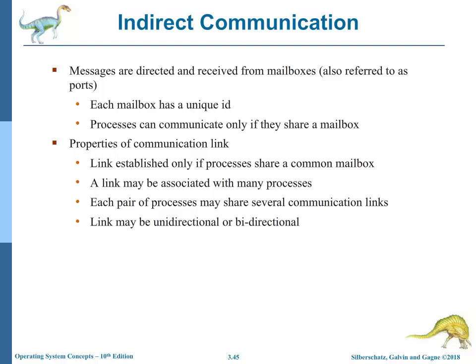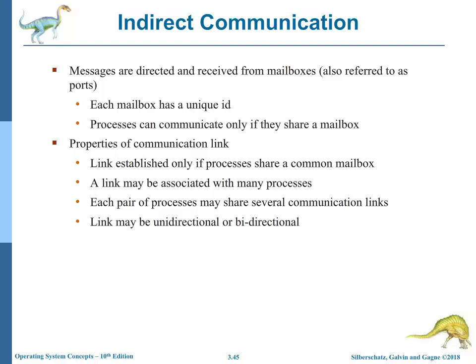For example, POSIX message queues use an integer value to identify a mailbox. A process can communicate with another process via a number of different mailboxes, but two processes can communicate only if they have a shared mailbox.